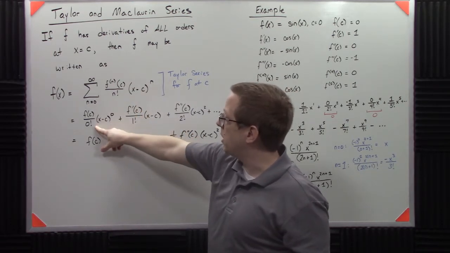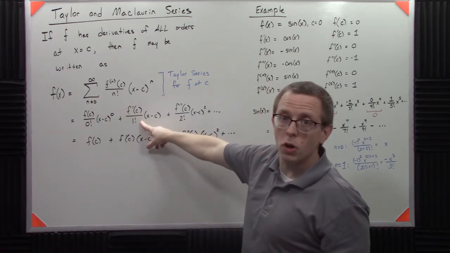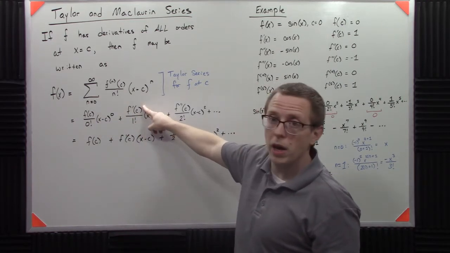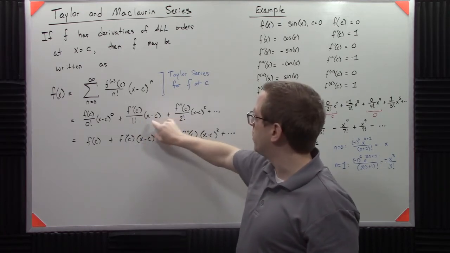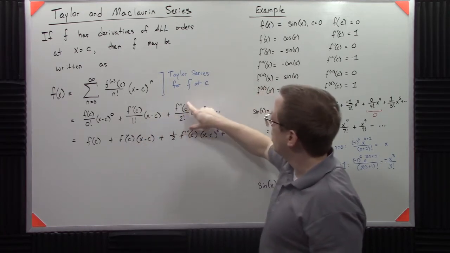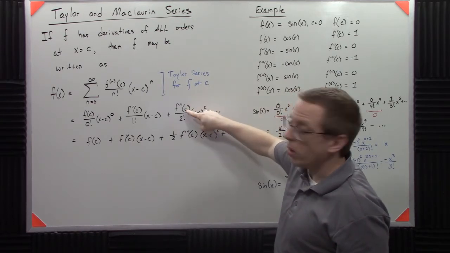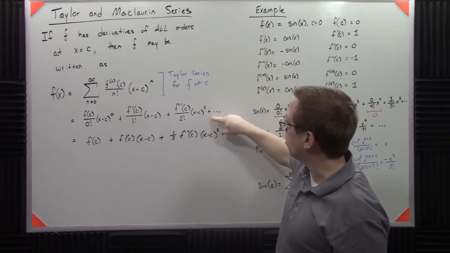So that's what happens here. Now for the first term, you have the first derivative evaluated at the center, divided by 1 factorial, and then you have x minus c here. Second derivative evaluated at c over 2 factorial, and so on and so forth.